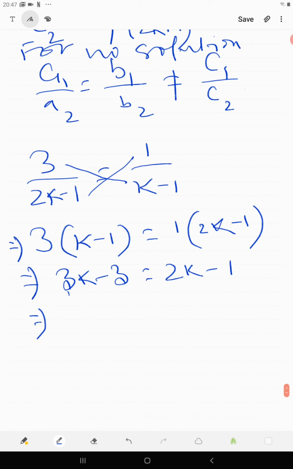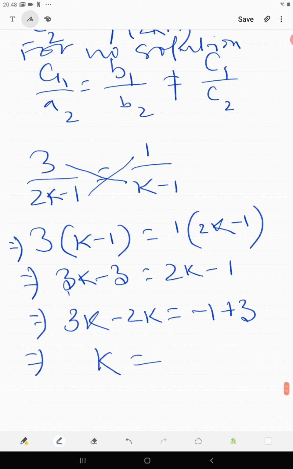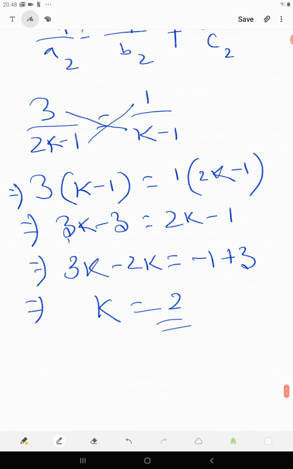Now 2k will come to the left and minus 3 will go to the right. So 3k minus 2k equals minus 1 plus 3. 3k minus 2k is k, and then minus 1 plus 3 is 2. So we have got k equals 2. So for k equals 2, there will be no solution.